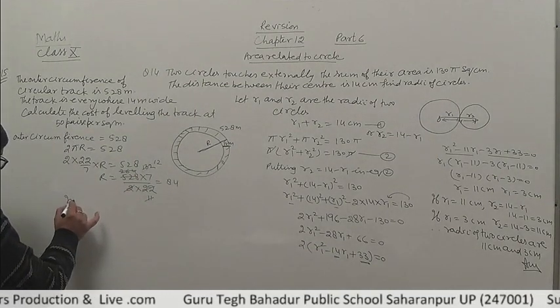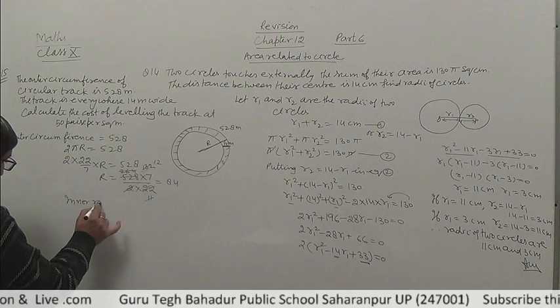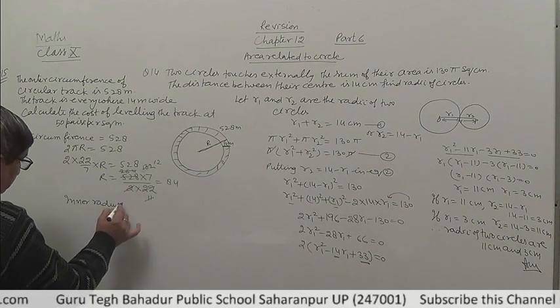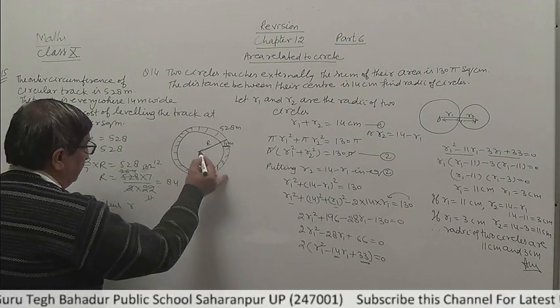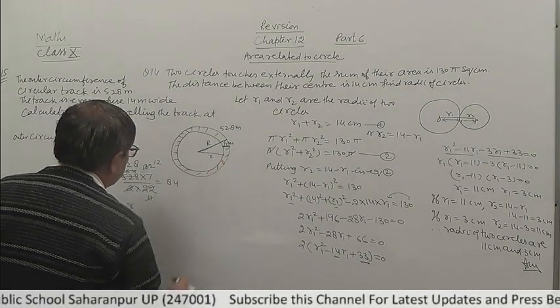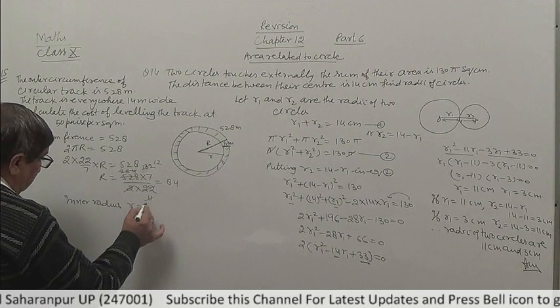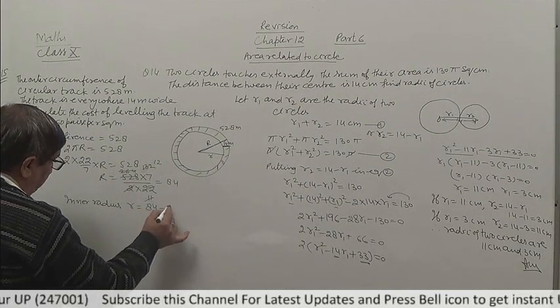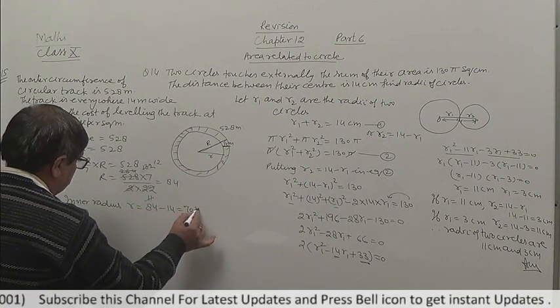Inner radius, that is small r, is 14 meter less than the outer radius. 84 minus 14, that is 70 meter.